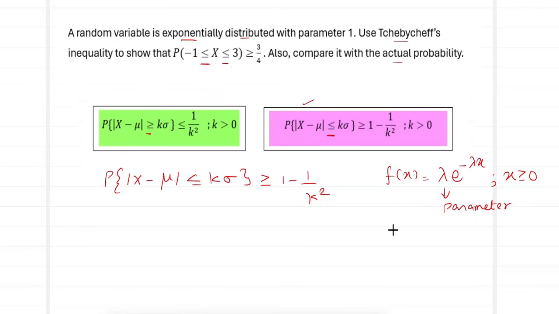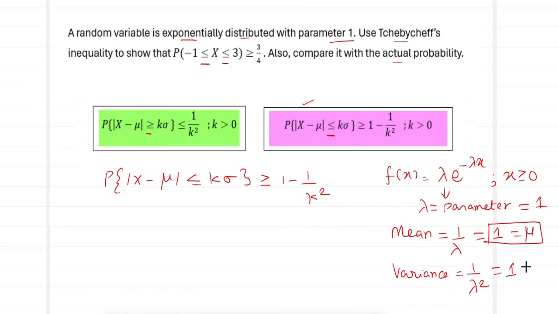The mean of the exponential distribution is given by 1 by lambda, and variance is given by 1 by lambda square. Now the data says the parameter is 1, so lambda is 1. This gives the mean equal to 1 by 1, which is 1, and the variance is also 1 by 1 square, which is 1. Hence, mu is equal to 1 and sigma square is equal to 1.